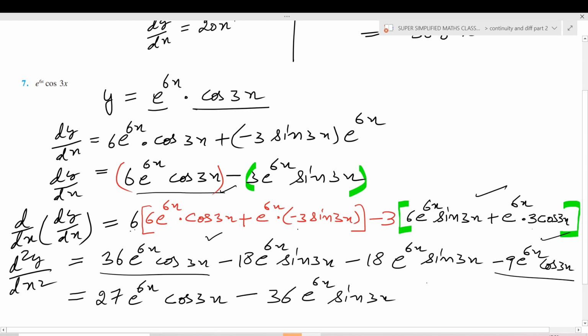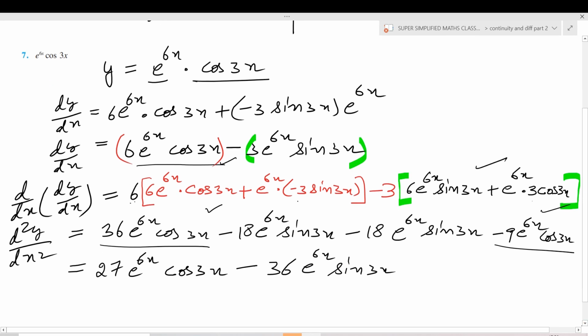So this is your second order derivative, and what we can do is take 9e^6x common. So we are left with 3 cos 3x minus 4 sin 3x, which is your answer.